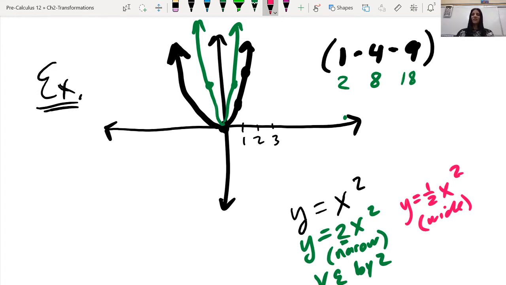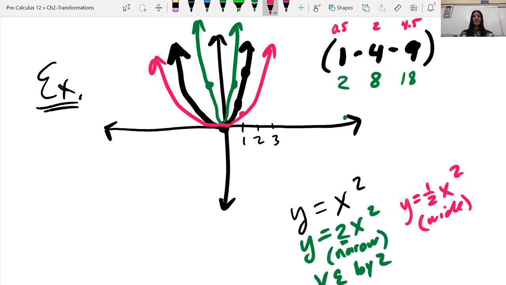So instead of 1, 4, 9, it's going to be half, or maybe decimals is easier, I don't know, 0.5, that's going to be 2, and that's going to be 4.5. So what that means is at 1, instead of going all the way up to 1, I'm only going to be at half the value. And I can go on, but you can see that it's going to end up doing this.